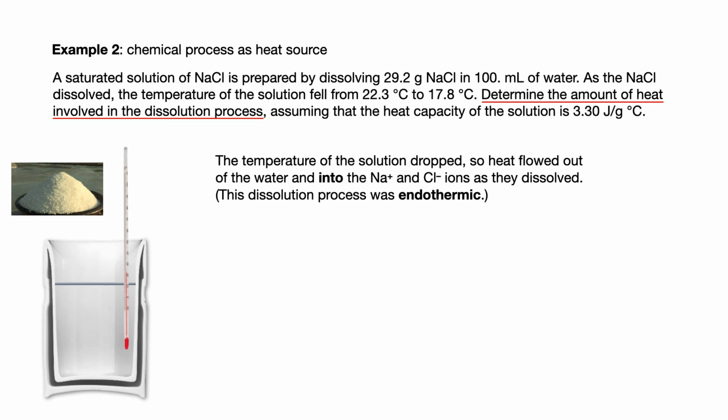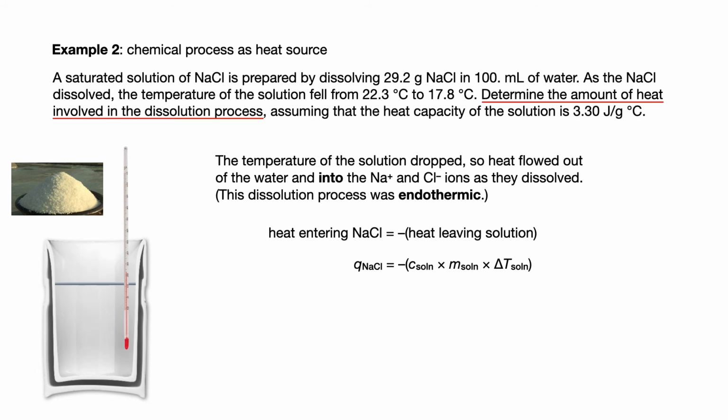And so here, again, the heat associated with the system is equal and opposite to the heat for the surrounding water. And so the heat that was entering the sodium chloride is equal and opposite to the heat leaving the water. The heat entering the sodium chloride, well, that's what we're trying to find. So I'll just call that Q NaCl. And then the heat leaving the solution, we can find that based on the temperature change.